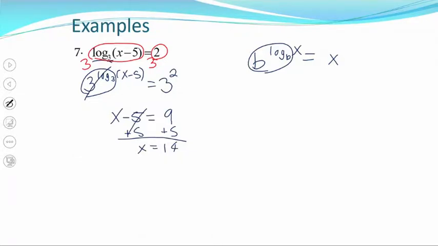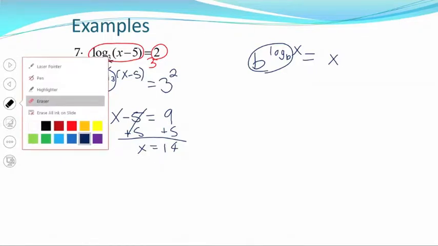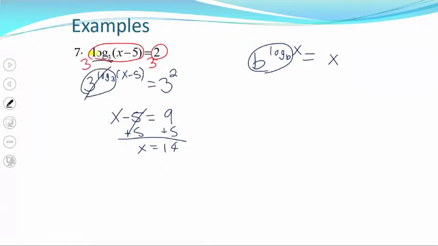So it was a little bit of clever thinking and creativity that got me there. But what I did, just to recap, is I made this logarithm an exponent of 3 because I knew that 3 and this logarithm that has a base of 3, those things could cancel each other out.